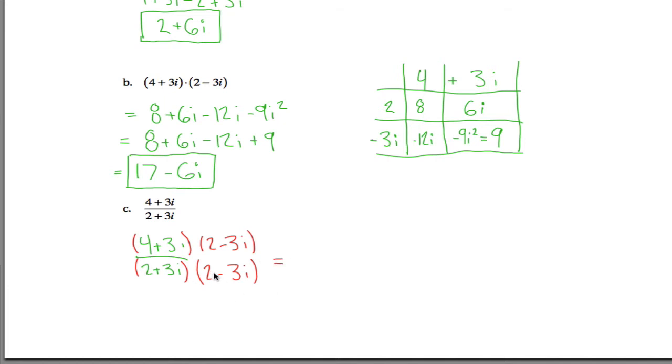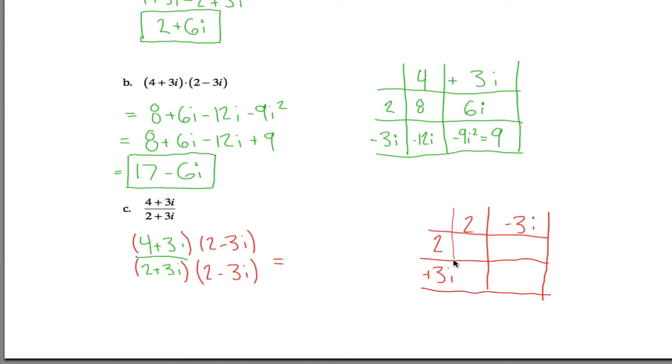So 2 plus 3i times 2 minus 3i. We could do the box method again, but you might not need it, because this is going to end up as a difference of squares in a sense.